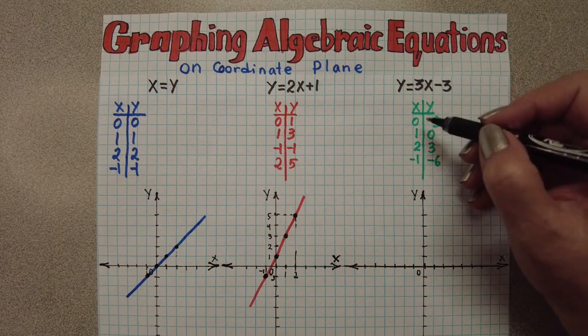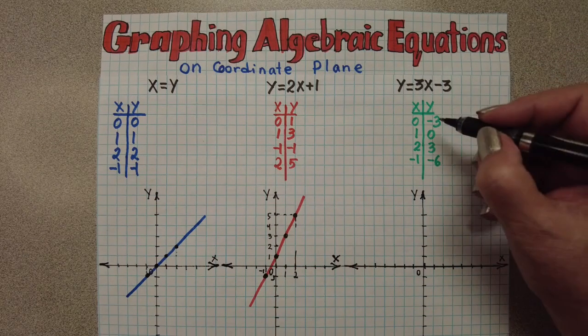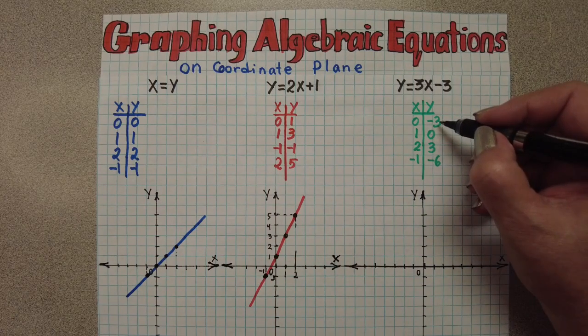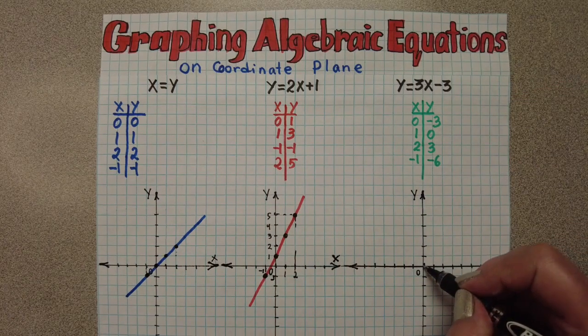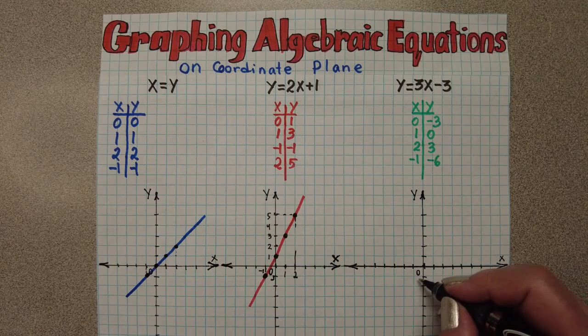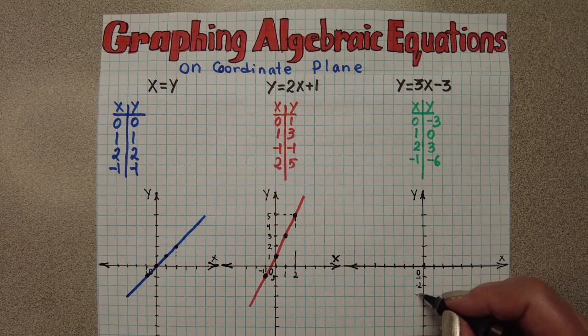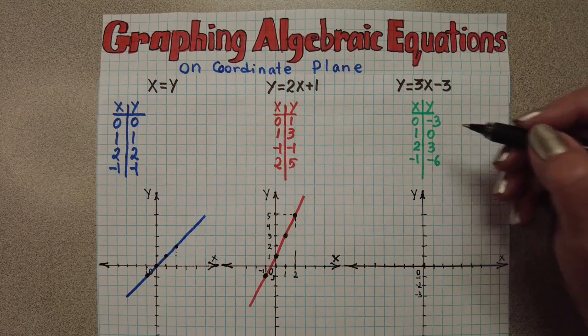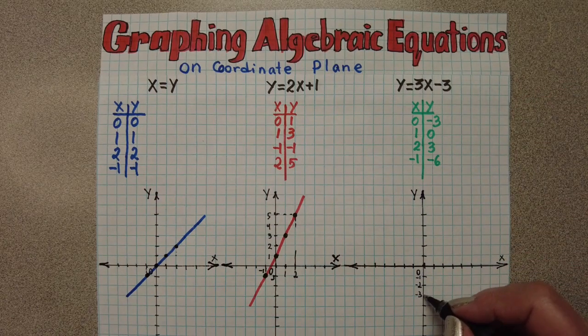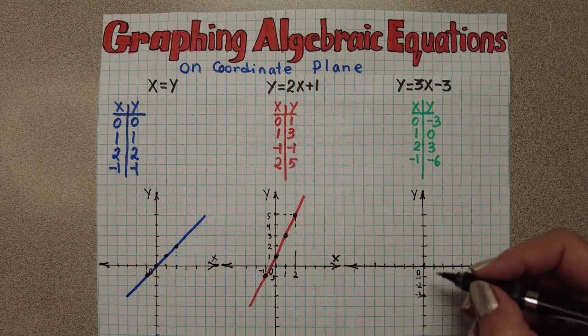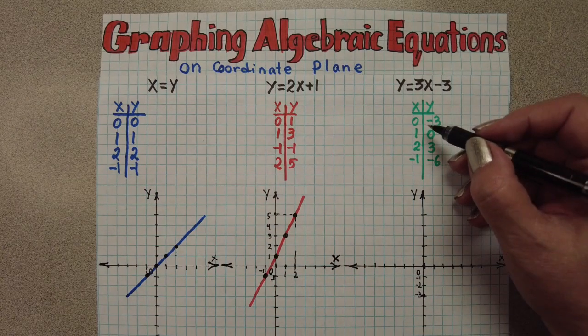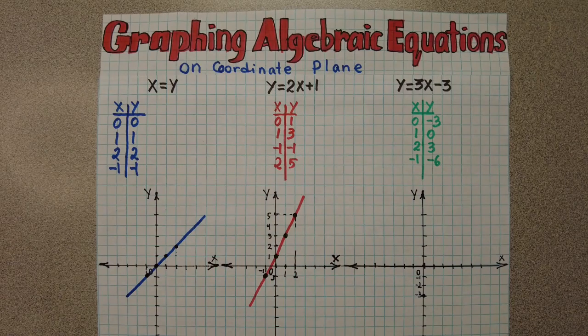Let's start again. When x is 0, y equals negative 3. X is 0, y is negative 3. Let's count negative 1, negative 2, negative 3. This will be our y-intercept.